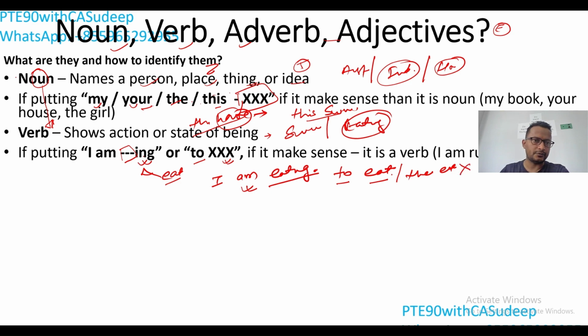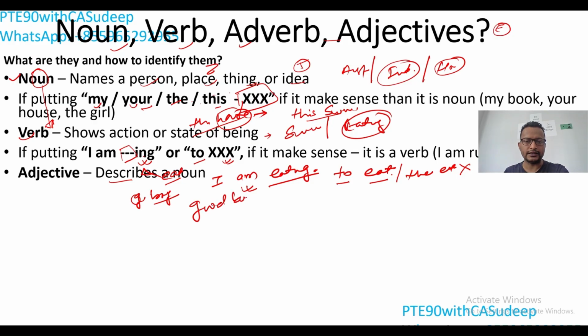So now we learn about what is noun, what is verb. Now let's learn about adjective. So what is adjective? Adjective is something which describes a noun. Let's say it describes the quality of the noun. That is also one way. Like how the noun is, for example, boy, right? Boy is a noun. So now how is that boy? Is the boy good or bad? Let's say good boy.